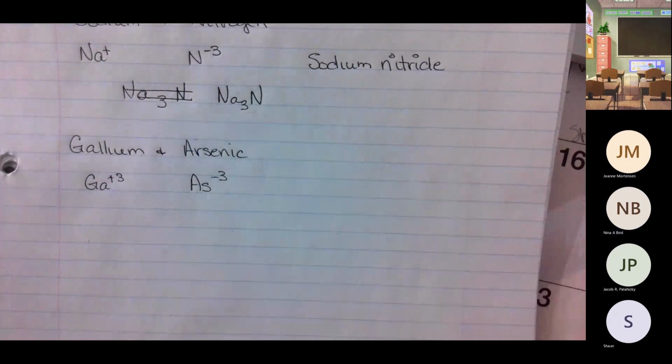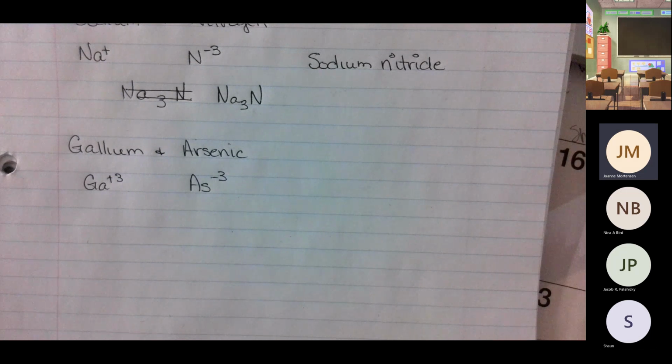Perfect. All right. One of the things you can do as you're doing this, thank you, Nina, is have the other periodic table with you. Maybe the one that's got the alphabetical order, because if you look up gallium, you'd see it was number 31 and it might be easier.